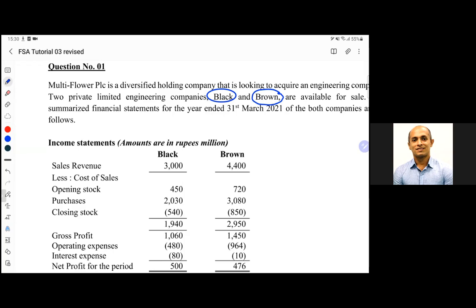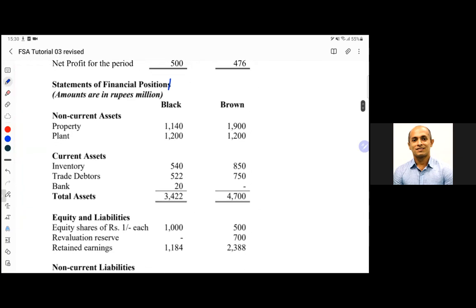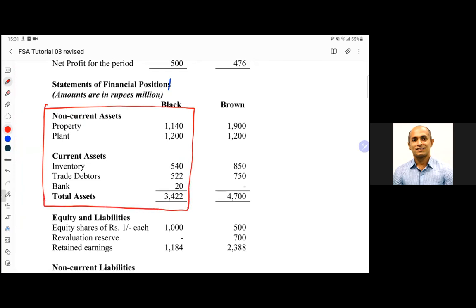And we have studied analysis of assets: property, plant and equipment, inventory, receivables, cash. With that, you are going to check whether these asset balances are suitable for the analysis.